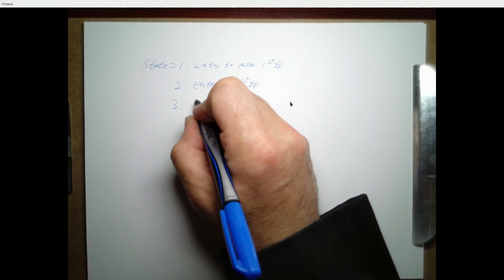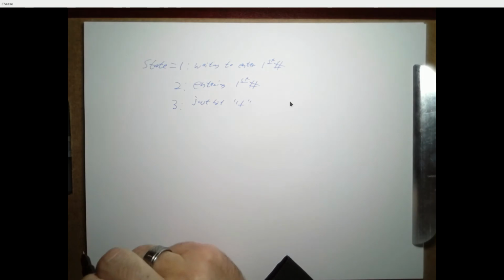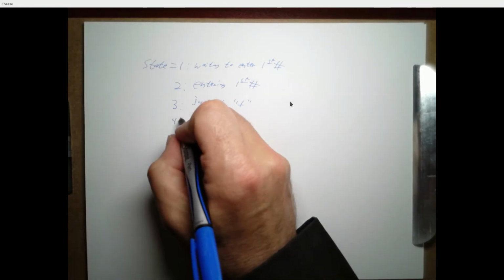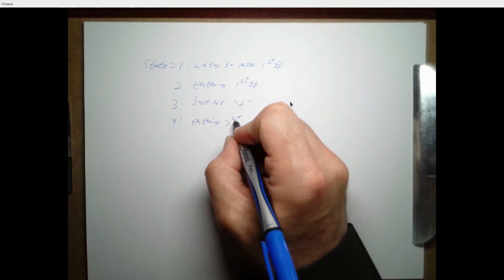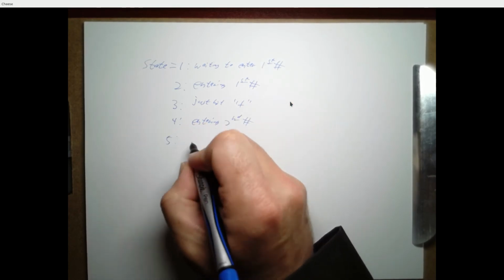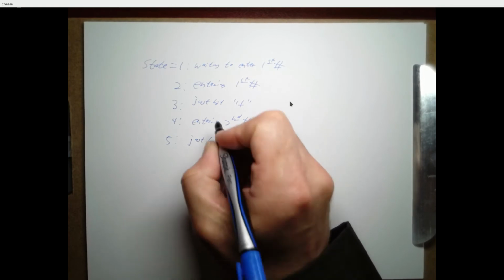State 3, you just hit a plus sign. State 4, entering the second number. And state 5, just hit equals.